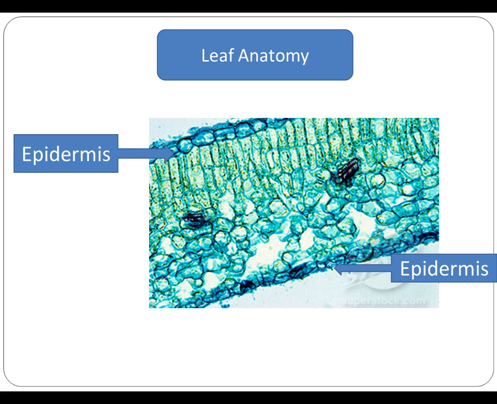The outer portions are called the epidermis, and that may sound familiar because you also have a tissue called what? Epidermis. Obviously different organism, different cell types, but the same purpose, to do what? To protect. So we have epidermal layers on the top and the bottom of the leaf to protect the tissue.